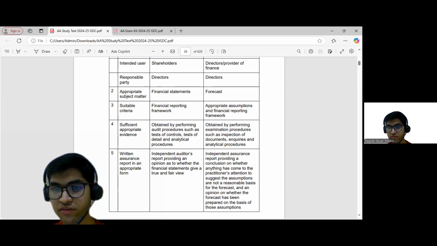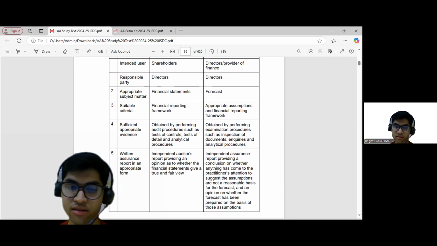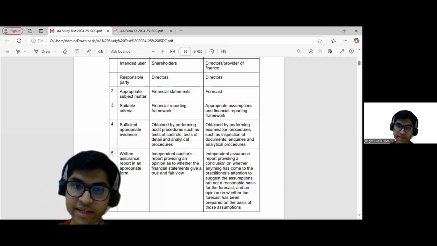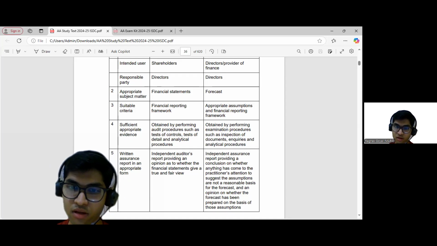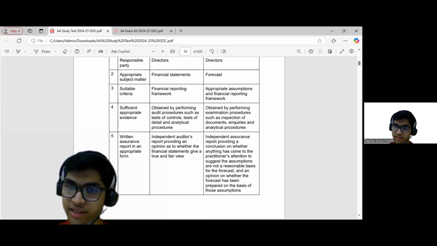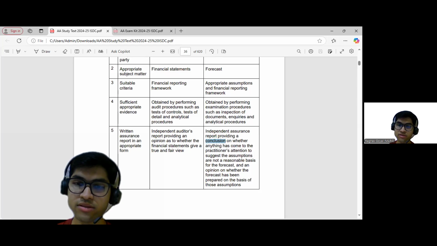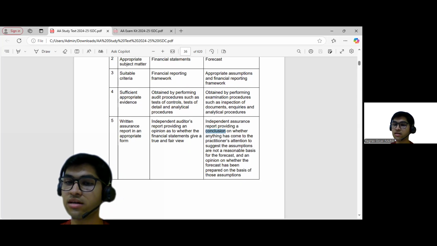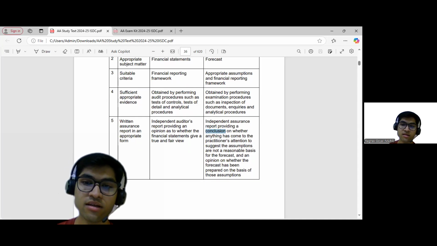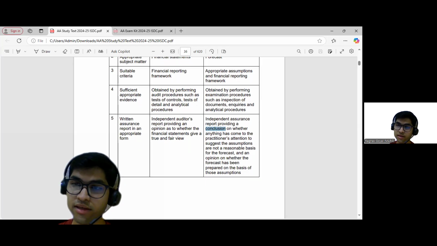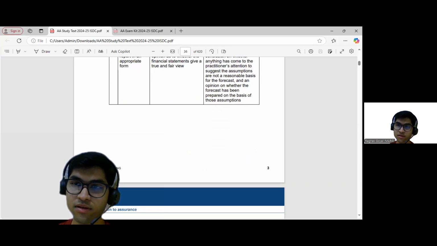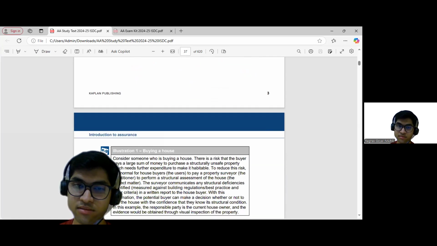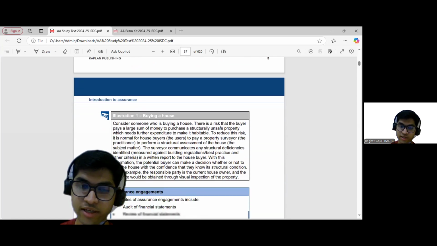Once we have enough evidence, then the written report comes, providing whether the financial statements give a true and fair view. And with regards to an assurance engagement, the report says whether anything has come in light which suggests that the assumptions are not on a reasonable basis, then they will include that in their report if they find something. Otherwise, they won't need to say anything.